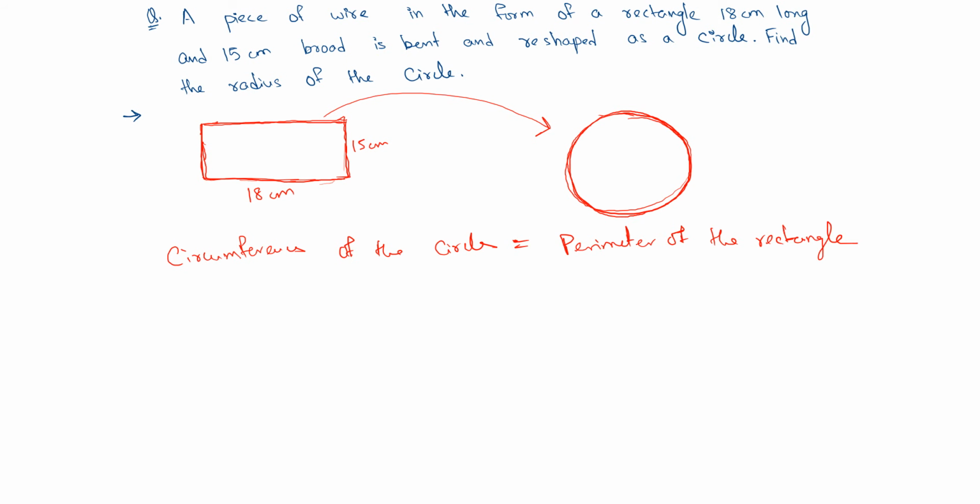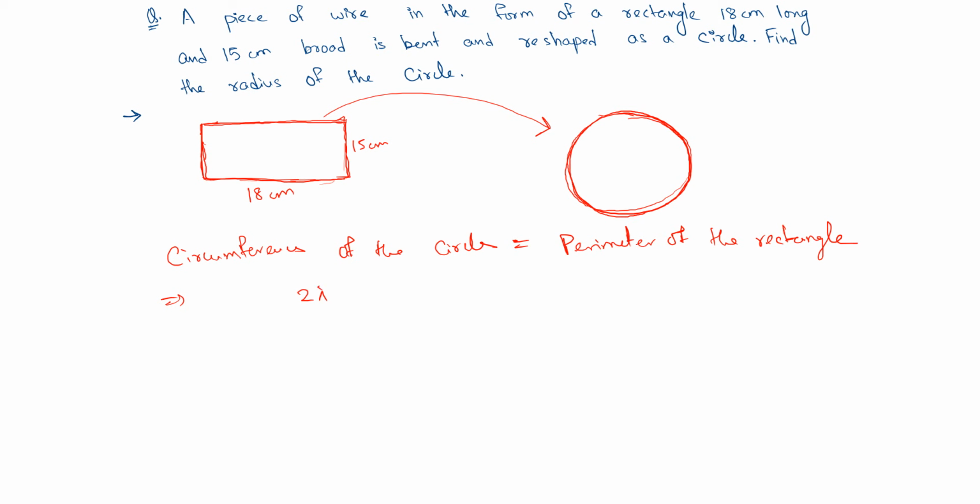Since the boundaries are made of the same wire, their lengths will be the same. The perimeter of a circle is known as circumference. So circumference of the circle will be equal to the perimeter of the rectangle. Okay, now using this relation we can easily find the radius of the circle which they have asked in the question. So using this relation we can easily find the radius.